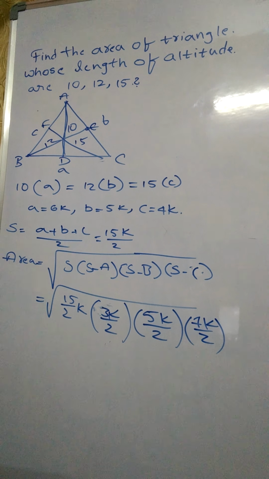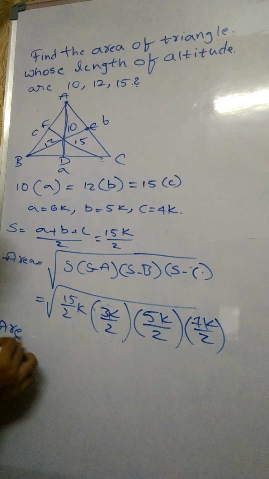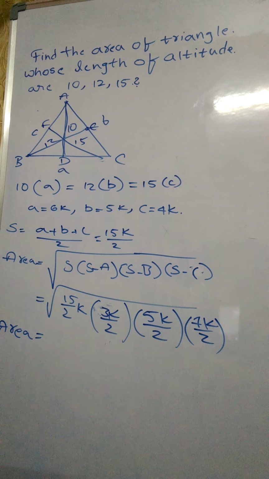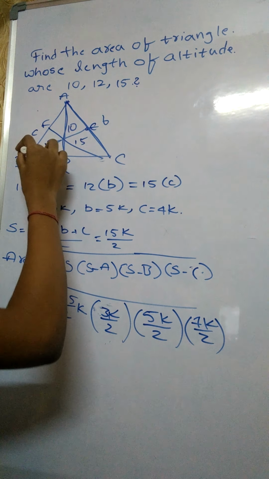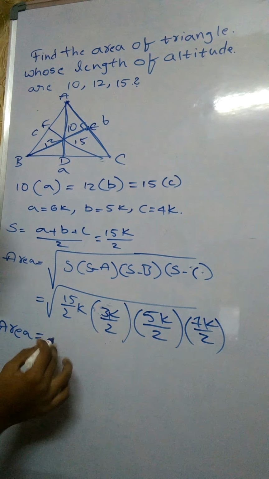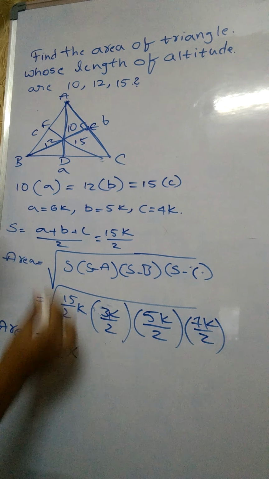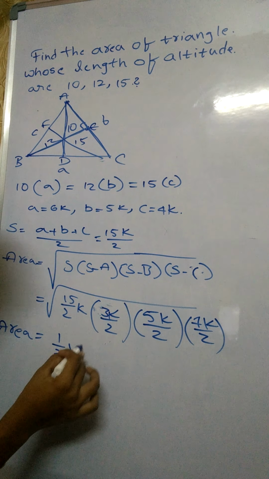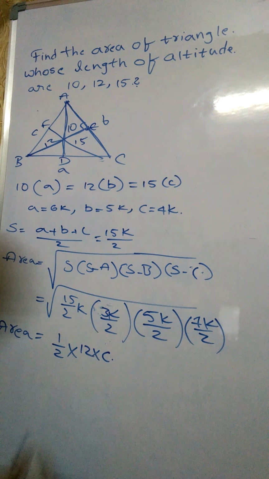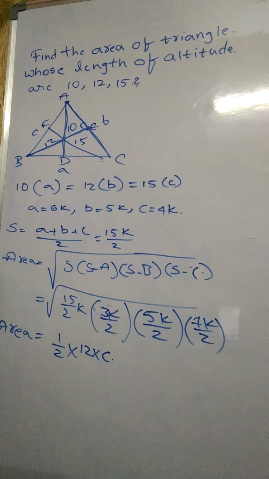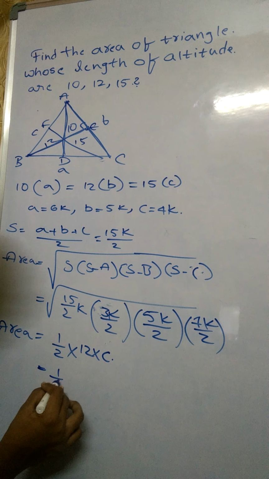This is the area of the triangle. Now we can find the area of the triangle another way. If we take the side AC, and the perpendicular to it, the area is half into 12 into c.